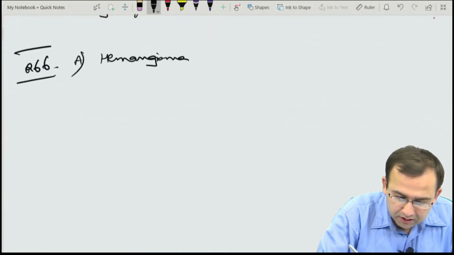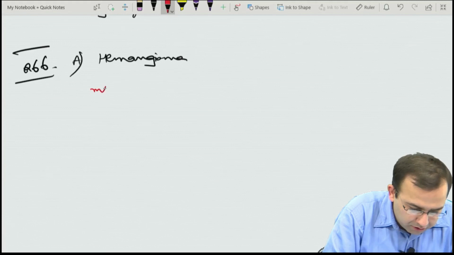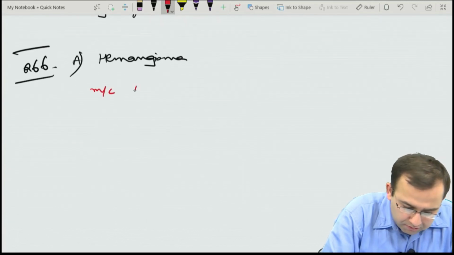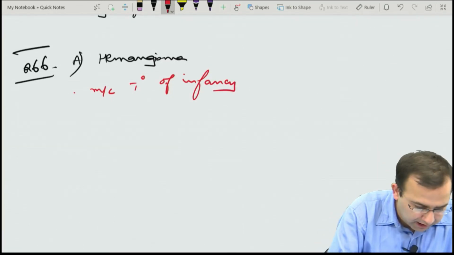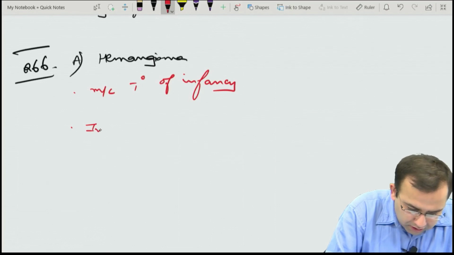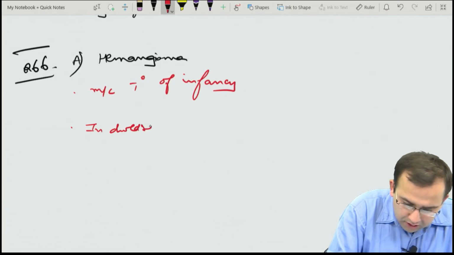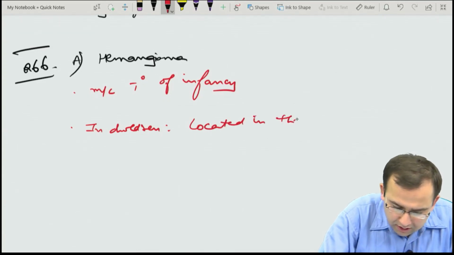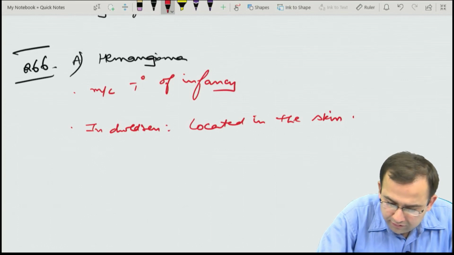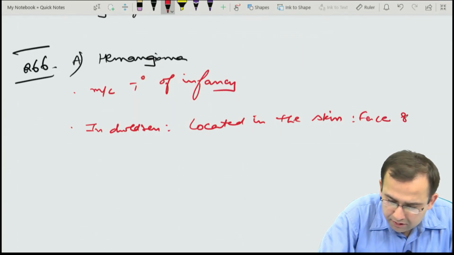Hemangiomas are one of the most common tumors, the most common tumors of infancy. In children they are located in the skin, particularly of face and scalp.